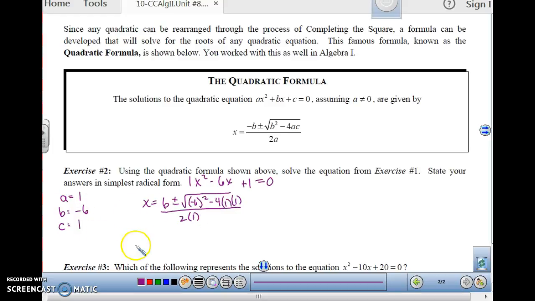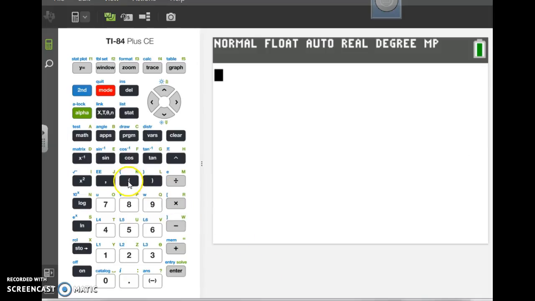So all I'm plugging in is the a, b, and c values. Now, the stuff that is under the square root, you can put in your calculator all at once, but use your parentheses because of the -6 squared. You have to make sure that that squares as well. So it would be parenthesis, -6 quantity squared, minus 4 times 1 times 1.